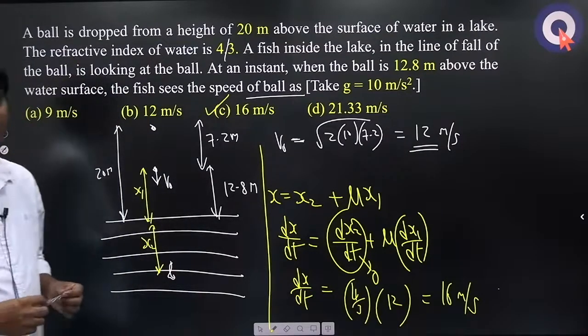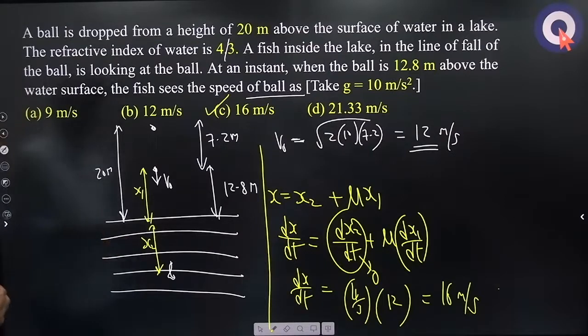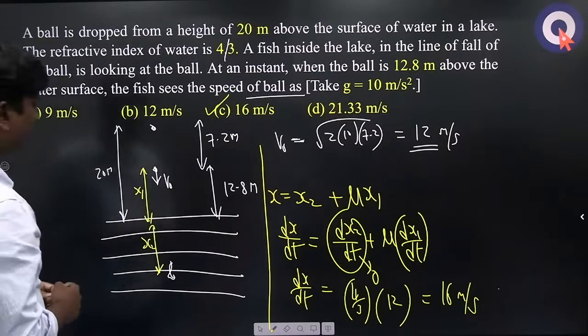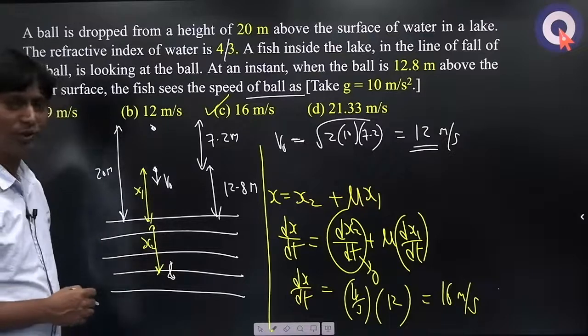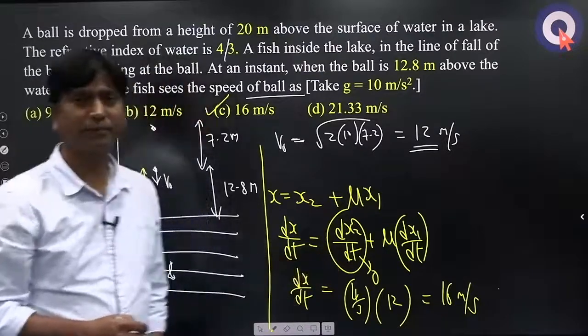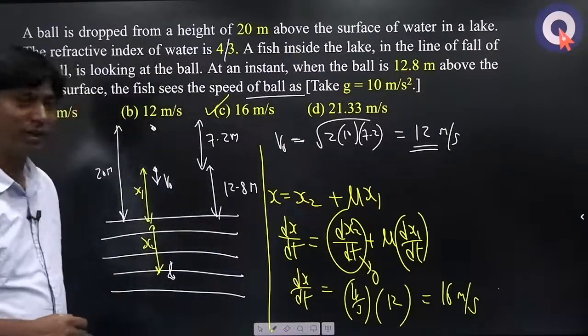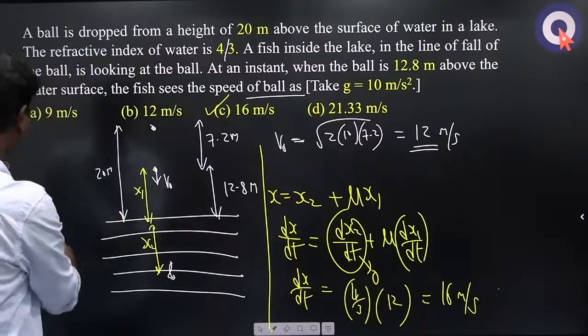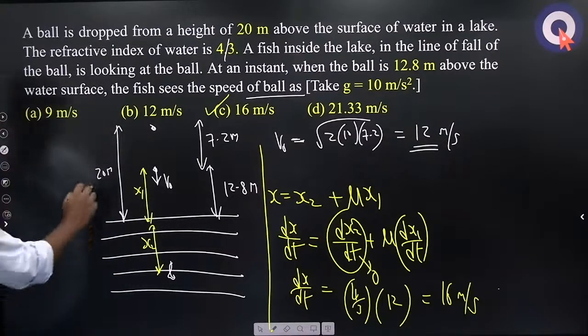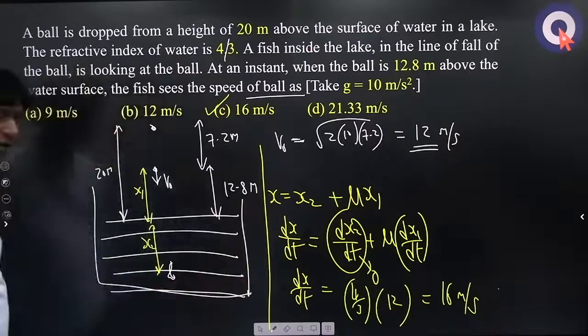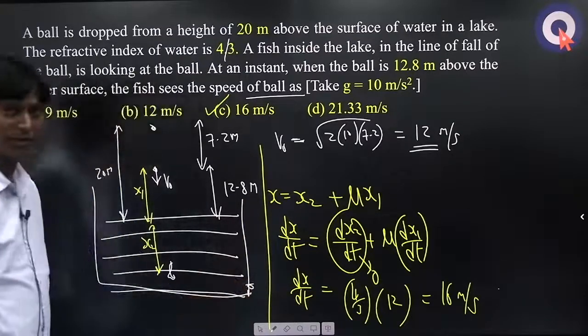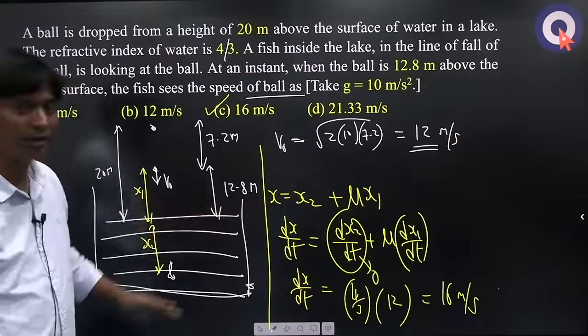Now here some more modifications can be made to this question by adding the speed of the fish also. Then also it can be taken like, suppose this is completely in a container, and you make some hole in the container so that the water level is dropping down.